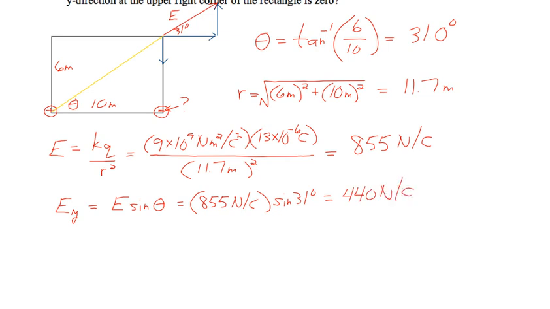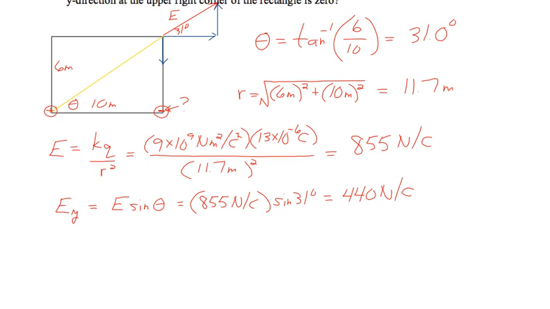Now that we know the amount of electric field we have to have, and we know how far away the charge is going to be to create that electric field, we can figure out the charge. I'm now going to rearrange this equation to solve for the charge in that corner. I know what the electric field has to be, and I know how far away that charge is from the upper right corner.